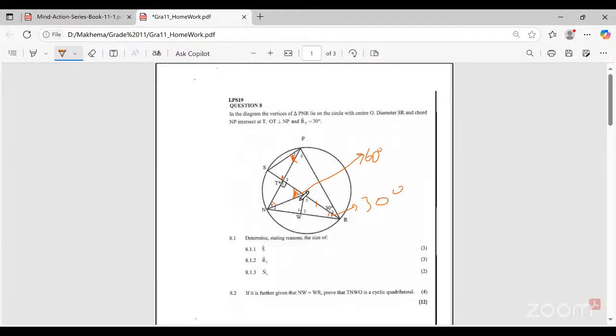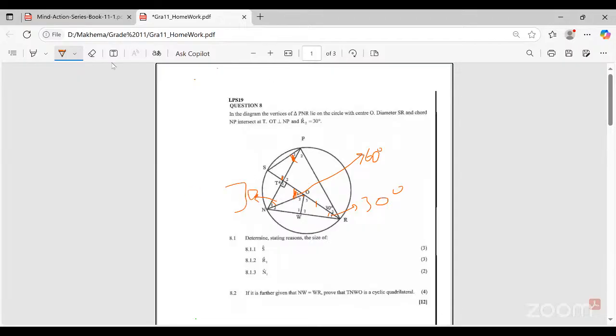Sum of angles of a triangle. Yes, so we are going to work with angle N1, angle T1, and angle O1. We are going to have 180 degrees minus that 90 that we are given there, excuse me, minus that 60 that we just found, and then we find this angle as 30 degrees.